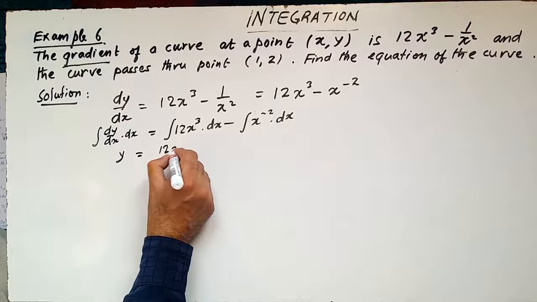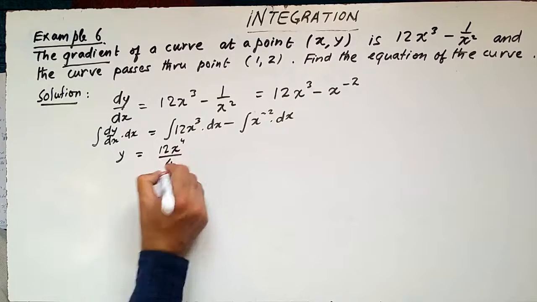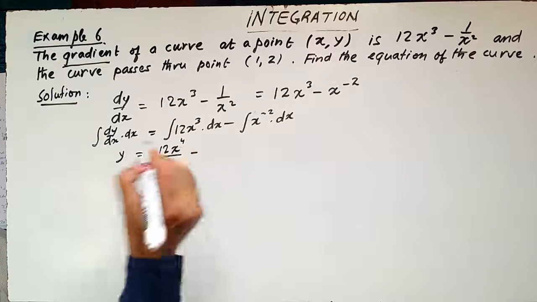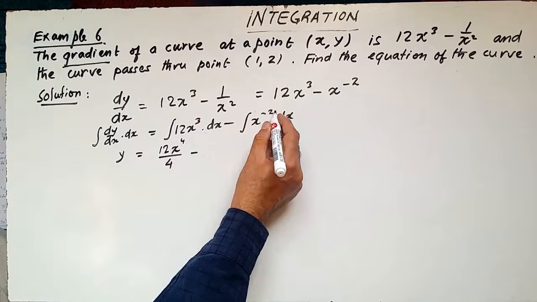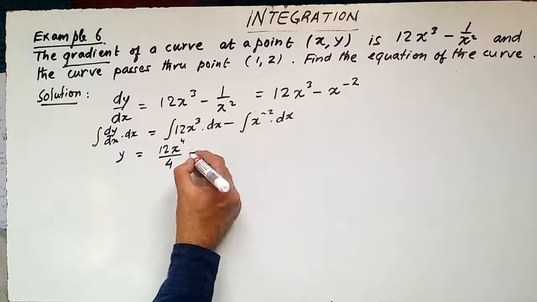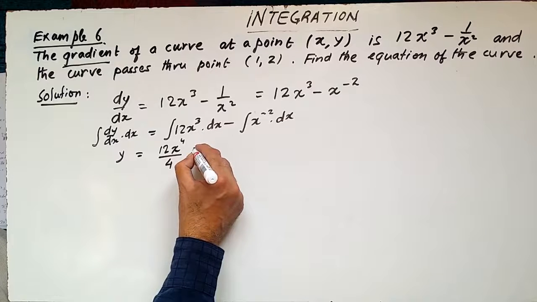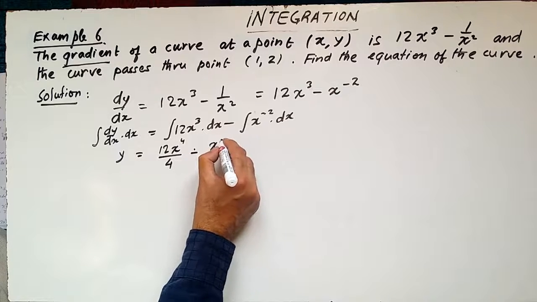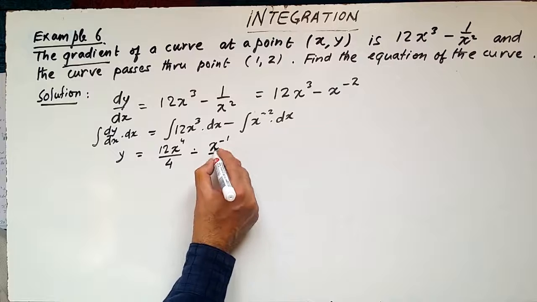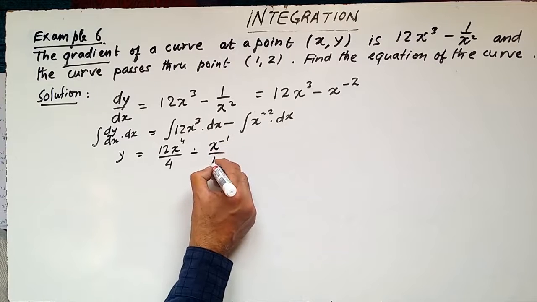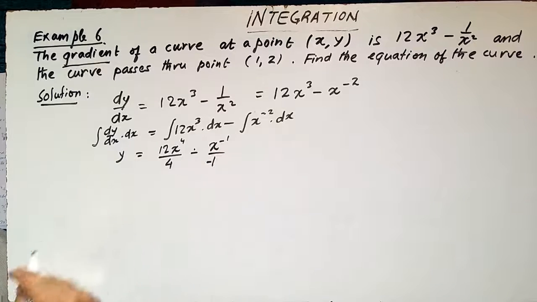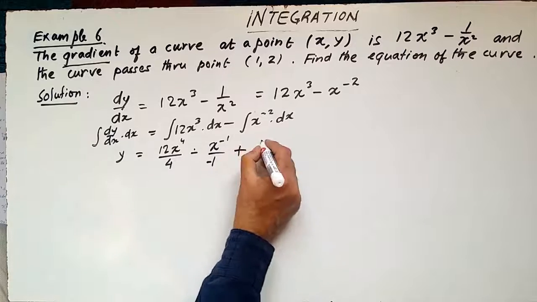So this is 12 x to the power 4 by 4 minus x to the power minus 2 plus 1, which is minus 1, divided by minus 1. This minus and this minus will become plus, so we can write this as x to the power minus 1 by minus 1, plus c.